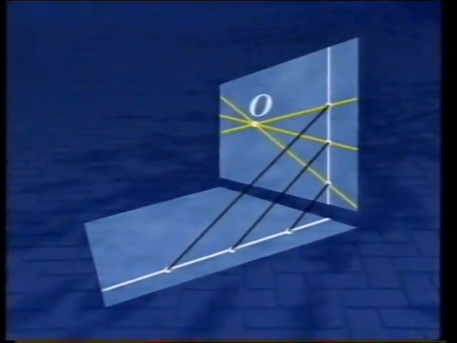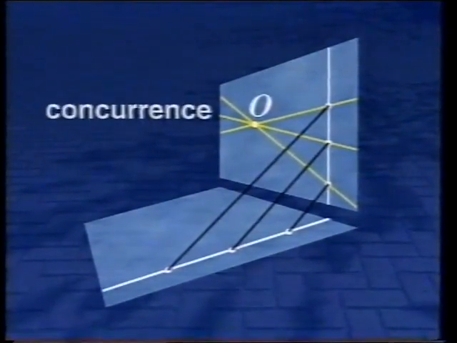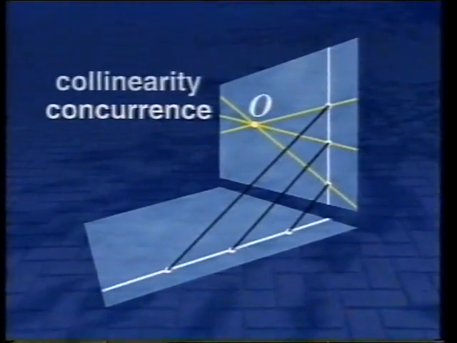In the same way, the images under a perspectivity of any 3 lines meeting in a point will always appear either as 3 lines meeting in a point or as 3 parallel lines. So, concurrence of lines is another property of perspectivities. And so, the basic properties of projective geometry are collinearity and concurrence.